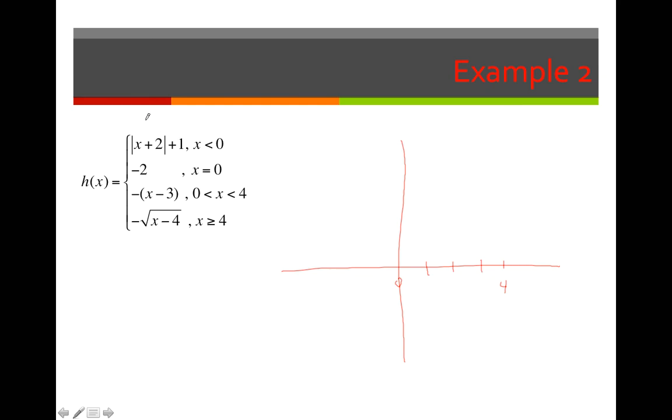Now, if you recall from absolute values, remember absolute value is a V shape. The vertex is whatever makes the absolute value 0. So that's negative 2, comma 1, the stuff on the outside. So at the point (-2, 1), that's your vertex. And then on either side of that vertex, it's the slope of the piece on the inside.